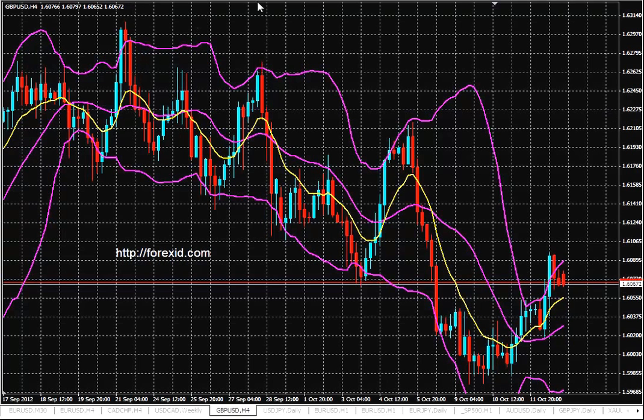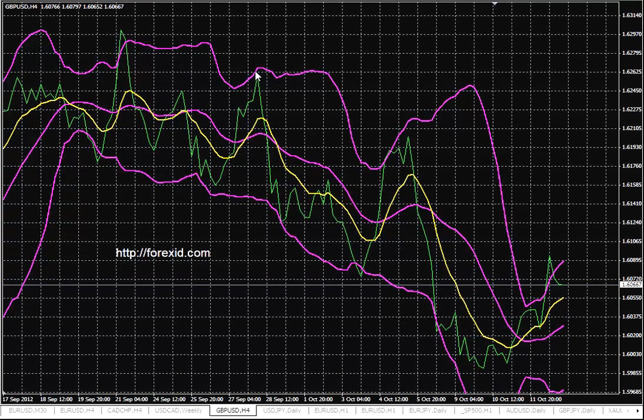So every time you see an acute angle like this forming, touching the opposite Bollinger Band, and when you see that on the price line, the price action, not using the candlesticks, but simplifying your view, get prepared to position yourself short.